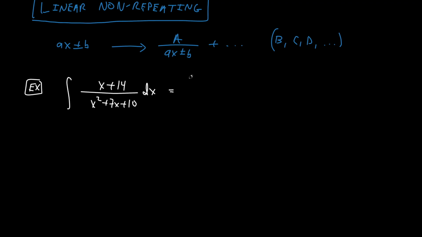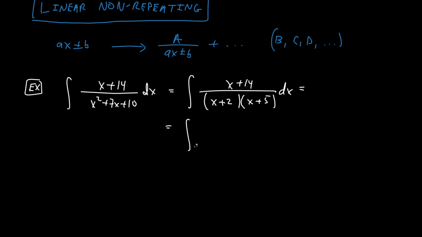So what would I want to do with this? Well, I'm going to decompose this into, we're going to have to see what our factors become. What are the factors of x squared plus 7x plus 10? x plus 2, x plus 5, right? So like we talked about, we're going to go ahead and factor this. And then what we'll do is once we factored it, we're going to go ahead and make our split, right?